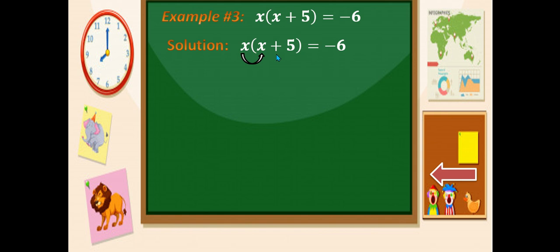So, x times x, and next one is x times positive 5. Okay? And eto, syempre, copyhin lang natin. Now, simplify x, multiply to x, that is equivalent to x squared. Right? Next, x times positive 5, that is positive 5x, equals negative 6.